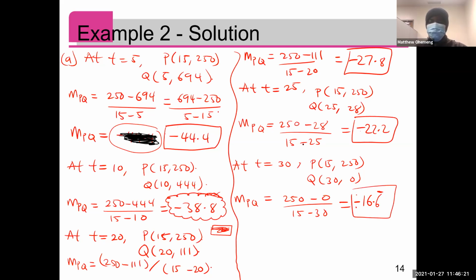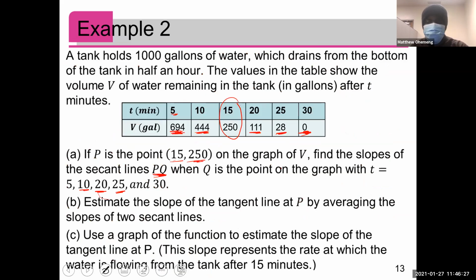So we are here. Are you okay so far? Now, we are interested in the slope of the tangent at 15 to 50, right? This point. So we computed all this. So B: estimate the slope of the tangent line at P by averaging the adjacent slopes. This is the first technique. If you have experimental data like that, or even a continuous function, you can just average the adjacent secant slopes.